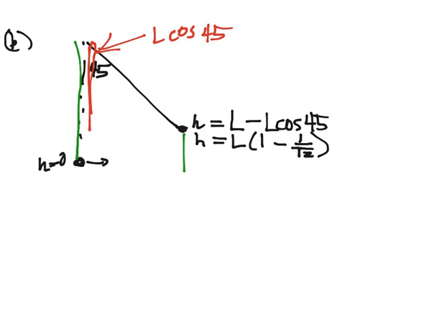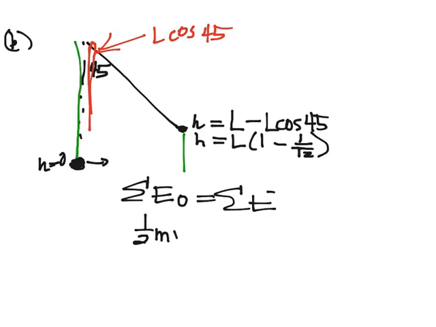Okay, so we can once again go ahead and solve using conservation of energy. Sigma E naught equals sigma E. So the swing by itself, that's the energy at the beginning. It has only kinetic energy, 1/2 mv squared, and at the end it has only gravitational potential energy.